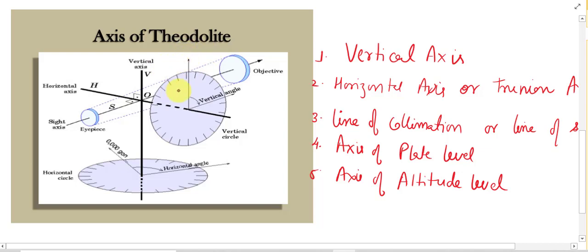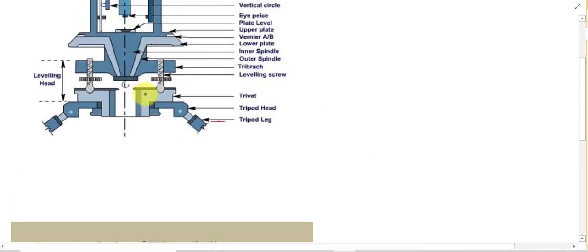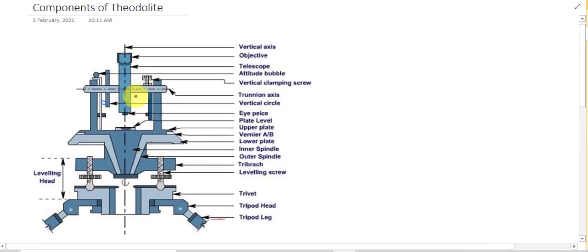So we will start with this figure, which is the inner portion of your theodolite, and the outer portion of the theodolite looks like this. Inside this I have a telescope, a plate and a vertical circle. So we have a horizontal circle, a vertical circle and a telescope.